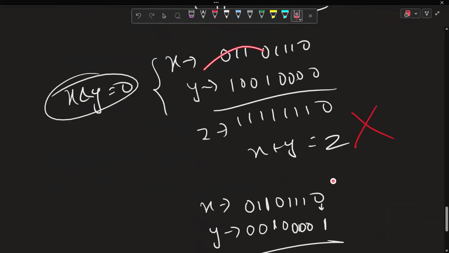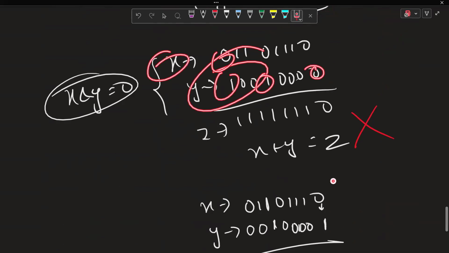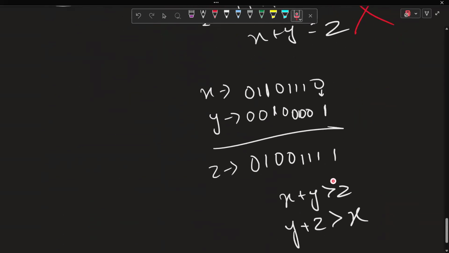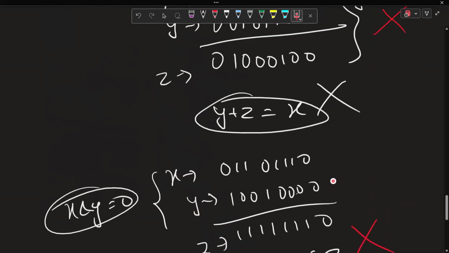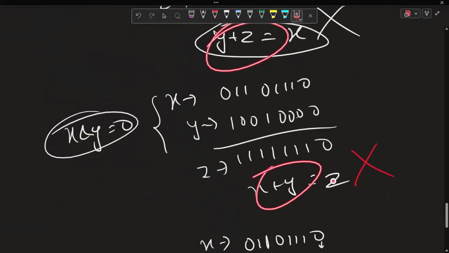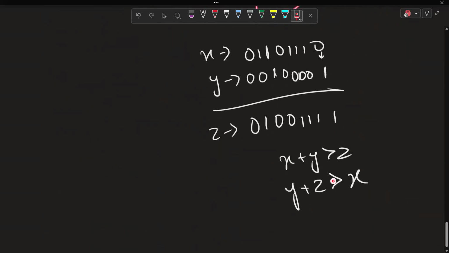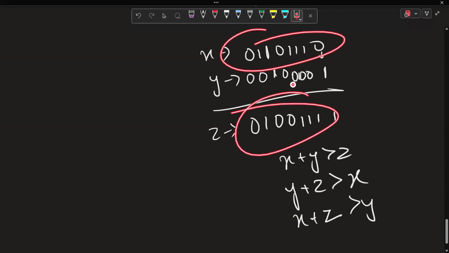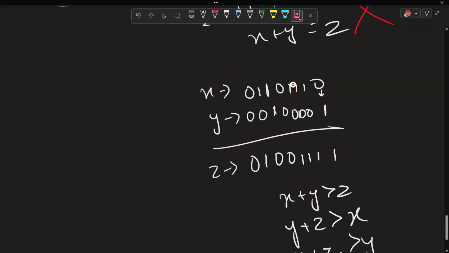And when you were taking from the unset bits, x plus y was becoming equal to z. But when you take a combination of the two, x plus y became greater than z, and y plus z also became greater than x. So both of these two conditions we were able to satisfy. And the third condition remaining, x plus z greater than y, would also be satisfied, as you can observe.